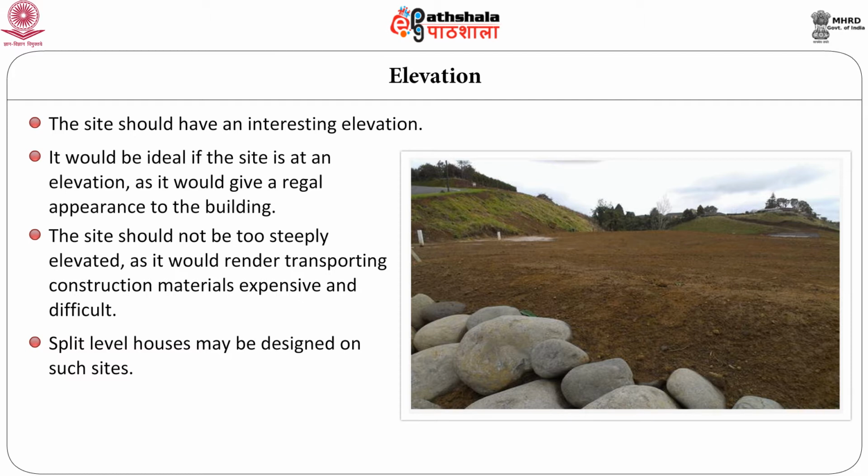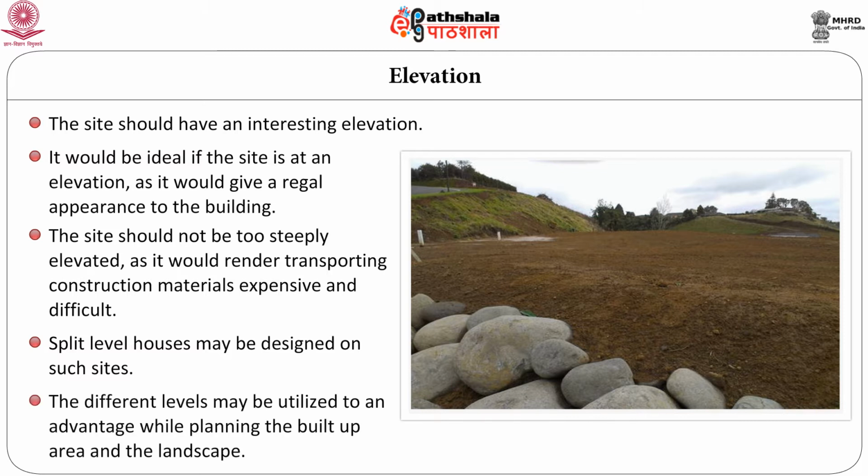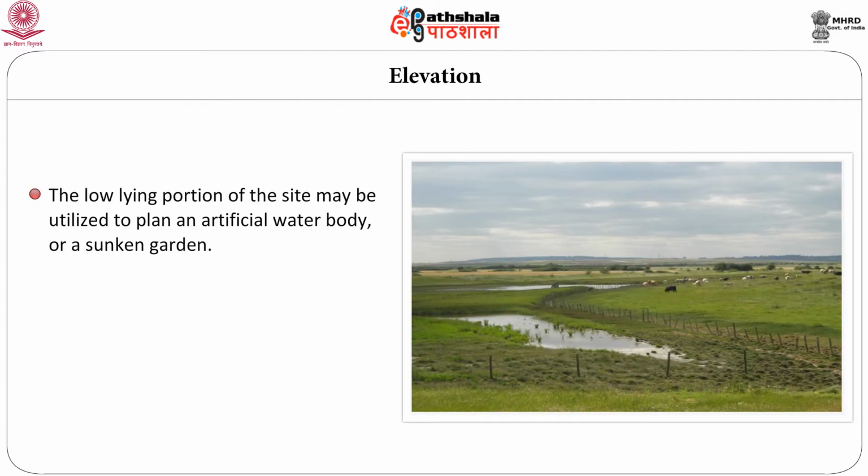In addition, the different levels of the site may be utilized to an advantage while planning the built-up area and also the landscape. The low-lying portion of the site may be utilized to plan an artificial water body such as a pond or a fountain, or also a sunken garden.